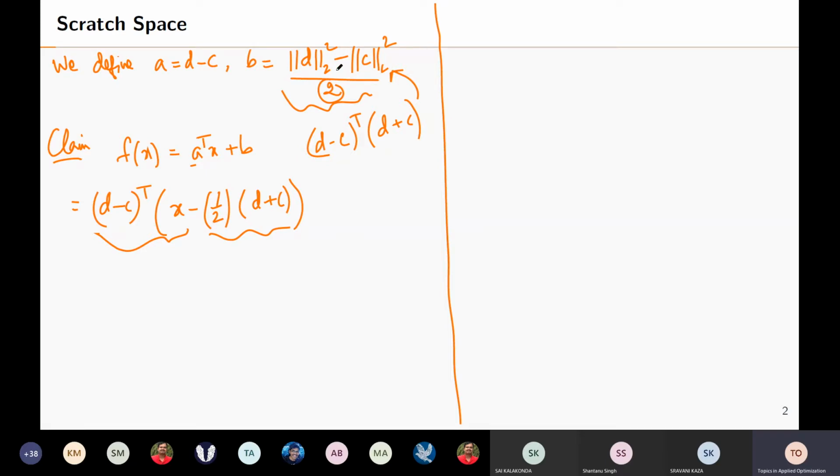C transpose D and D transpose C will cancel, so this is D transpose D minus C transpose D, plus D transpose C minus C transpose C. This cancels because C transpose D is the same as D transpose C, just a number, and the transpose of a number doesn't change it. This is like norm of D whole square minus norm of C whole square, assuming the two norm. So this indeed is that, and we have written it in this form.